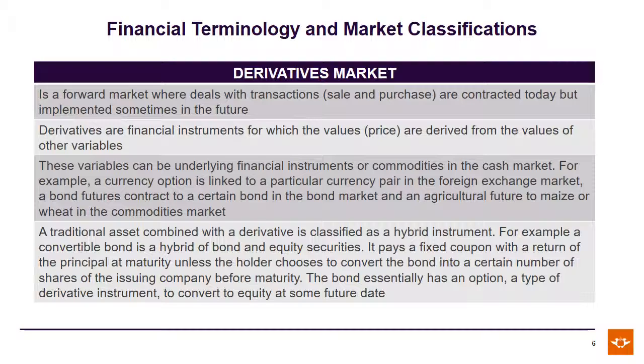Now, we talked about derivative instruments or derivative contracts, which are financial instruments where the value or price is derived from the value of another variable or another asset class. Okay? These variables that we're talking about can be underlying financial instruments or commodities in the cash market.